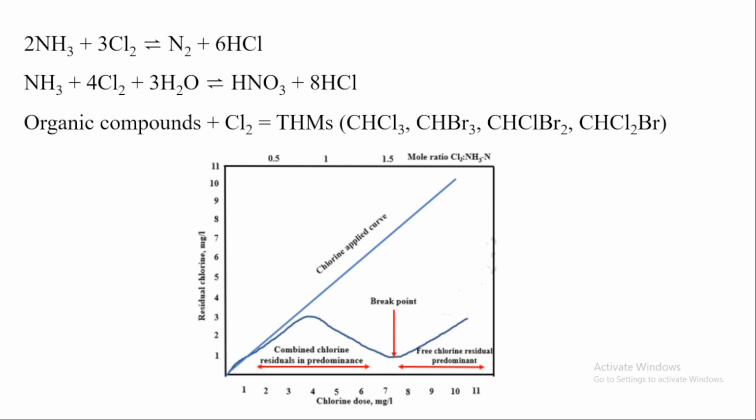It is the control. So, whatever chlorine is added is present in the form of residual chlorine. On the y axis is the residual chlorine, and on the x axis is the chlorine dose.